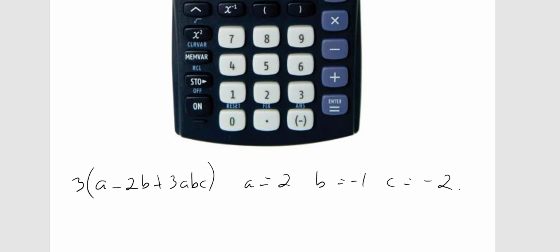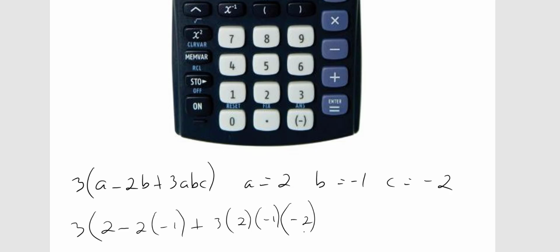We already have a parenthesis here, so no big deal. So 3 parentheses, now I'm just going to put a 2 here because there's nothing to multiply there. But I'm going to say minus 2 parentheses, and b is -1, plus 3 parentheses, a is 2, close parenthesis, b is -1, close parenthesis, c is -2, close parenthesis. And then you close that parenthesis because this needs to be closed with that one.